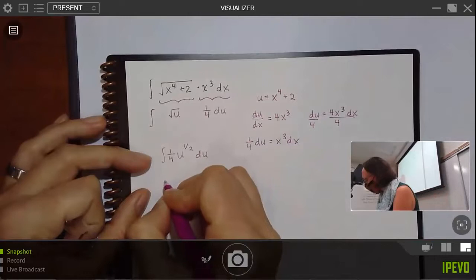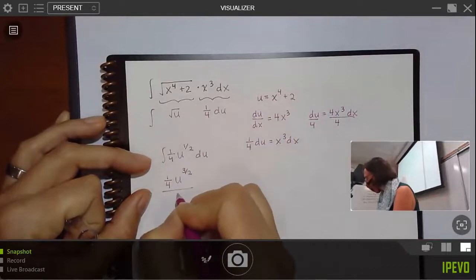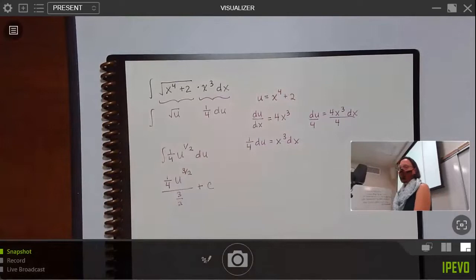So I would have 1/4 u to the 3/2 and then divided by 3/2. Since I've got a fraction divided by another fraction, I can switch that to be multiplying by the reciprocal.